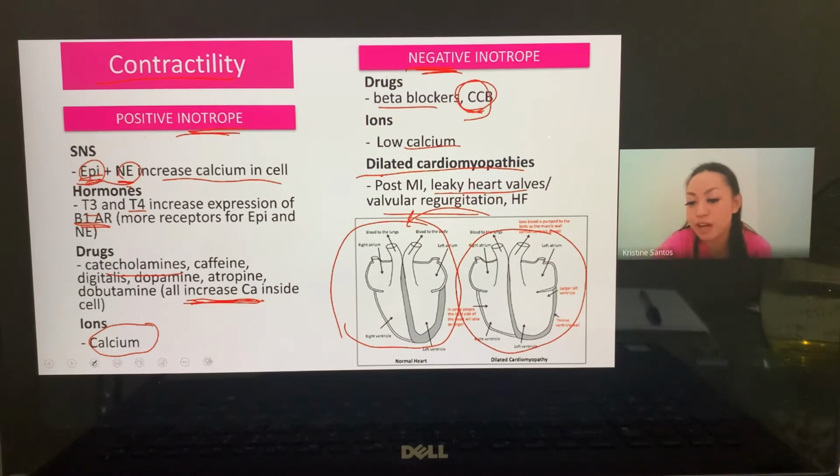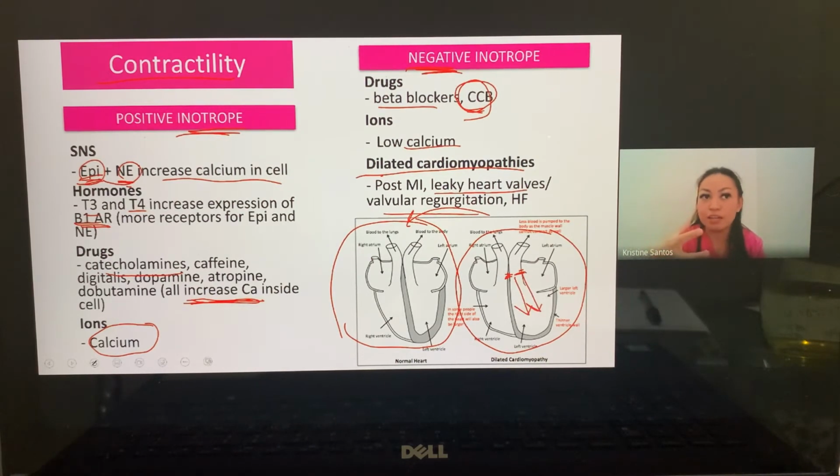For instance, we have aortic regurgitation. In aortic regurgitation, the aortic valve, which is here, just before the aorta, doesn't shut properly. So what happens is when the left ventricle contracts, instead of all the blood just going to the aorta, a lot of the blood actually comes back into the left ventricle.